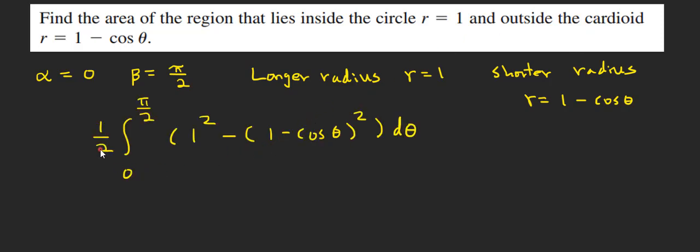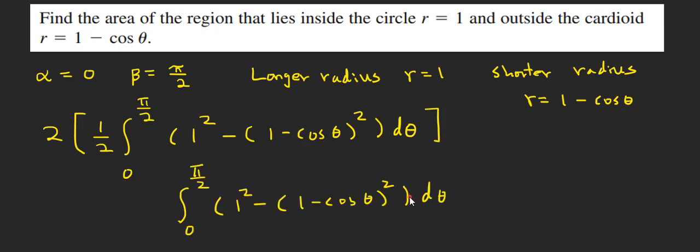So it will be 1 over 2 integral from 0 to pi over 2, 1 squared minus the quantity 1 minus cosine theta squared, and that whole thing times d theta. But remember, we have to multiply that by 2 to get the area that we were looking for. So 2 and 1 over 2 cancels out. So all we got to do is use our calculator to evaluate this.